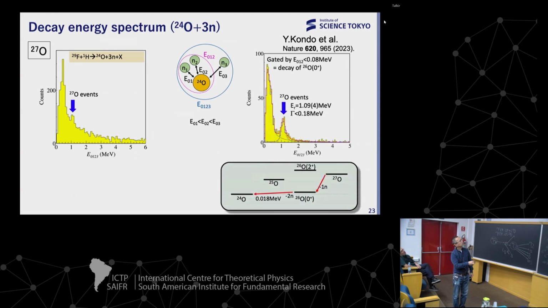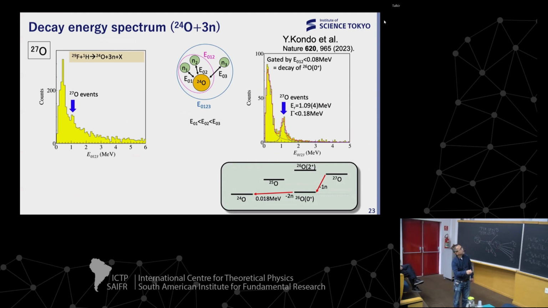And then we selected E0. Then we also sorted out the three-body energies, like 2 neutrons plus oxygen 24, like this and like this. If you select the lowest 3 neutron energies, less than 0.08 MeV, 80 keV.